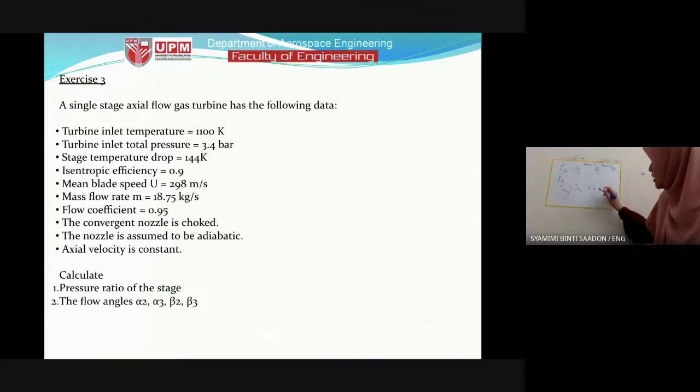The total temperature drop is 144 Kelvin. We know the first part is the same value, so the change only occurs in this part, 2 to 3. So to calculate T total 3, T total 1 minus the change, we have 956 Kelvin.